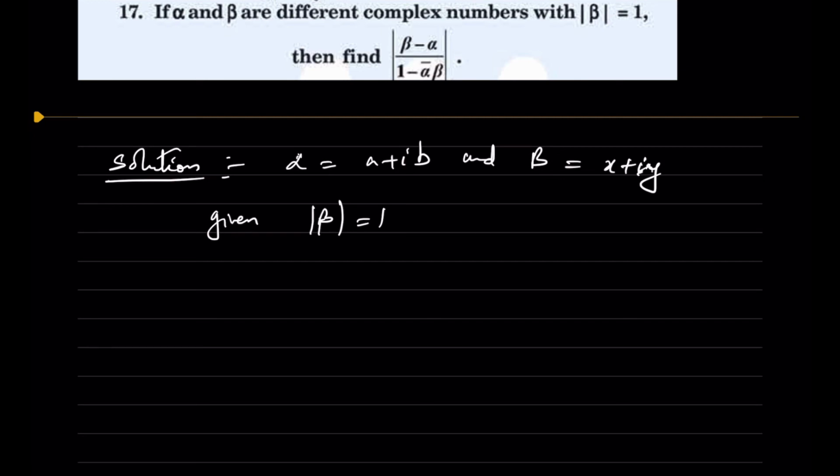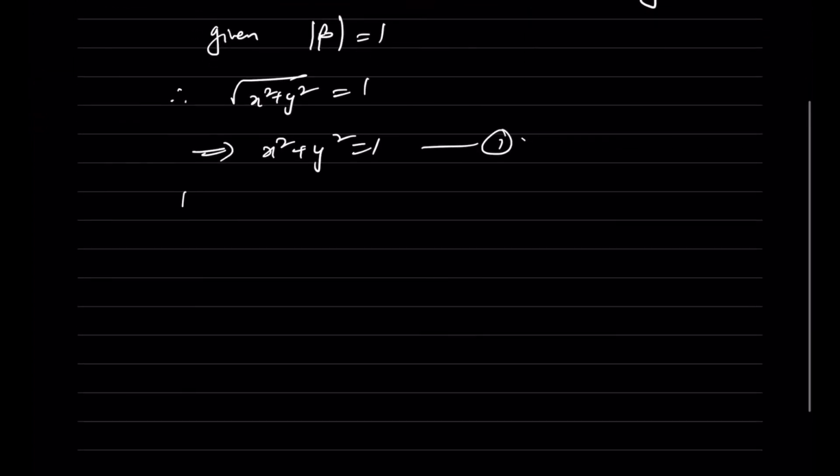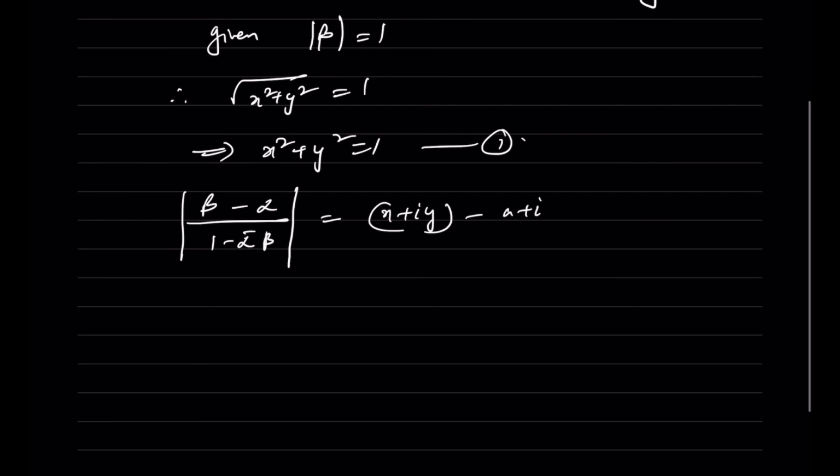Therefore root of x square plus y square is equal to 1, which implies that x square plus y square is equal to 1. This is equation 1. So then you are having here mod of (beta minus alpha) divided by (1 minus alpha bar into beta), which is equal to (x plus iy minus (a plus ib)) divided by (1 minus (a minus ib) into (x plus iy)).